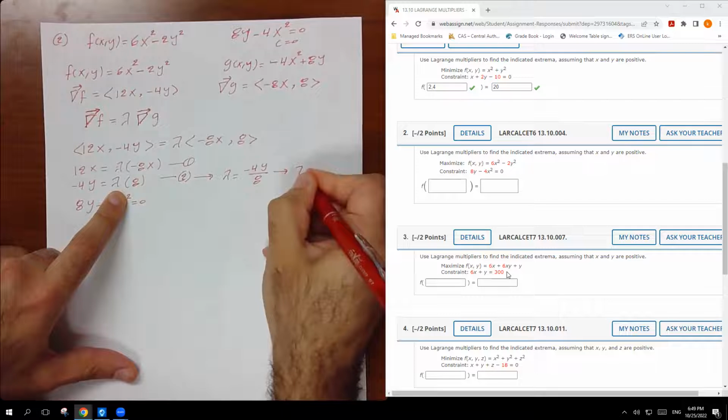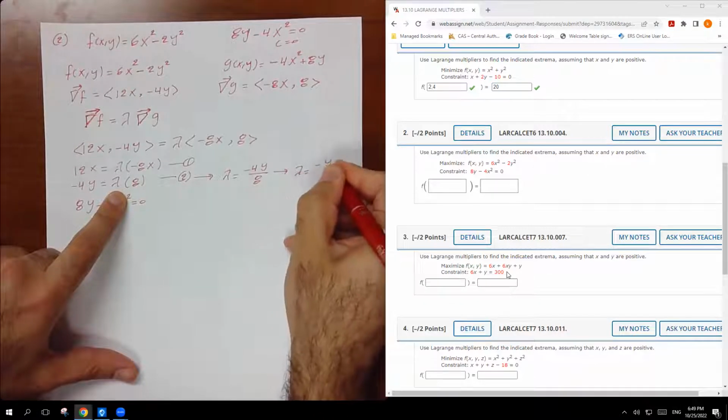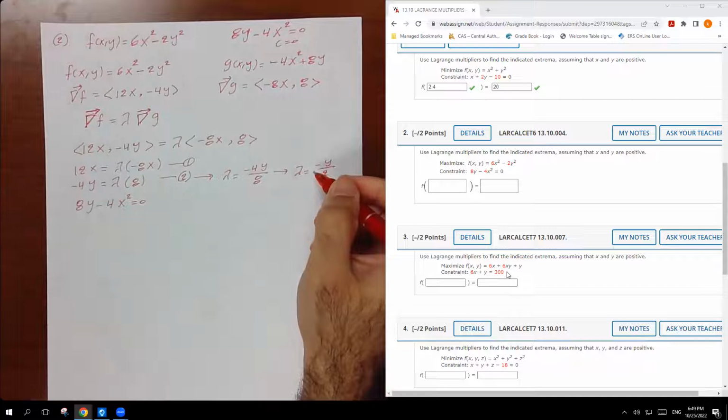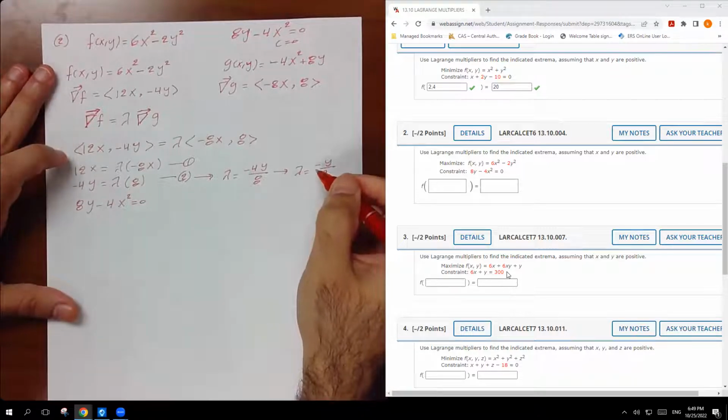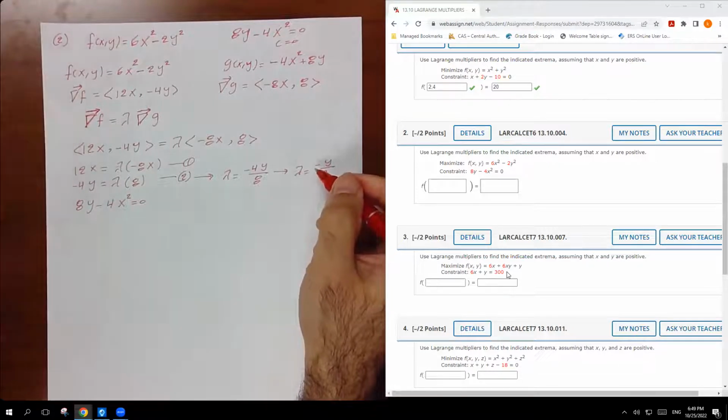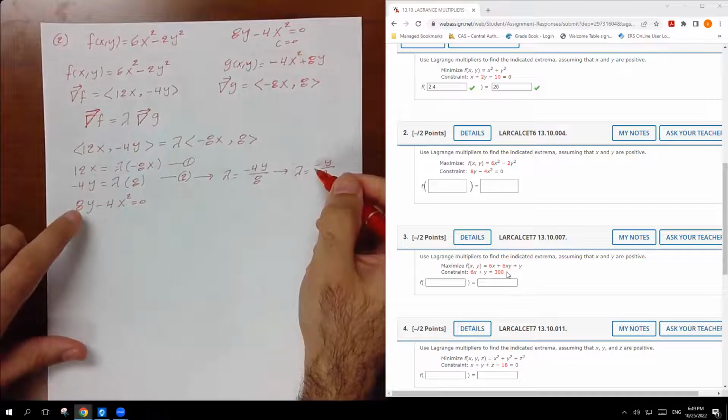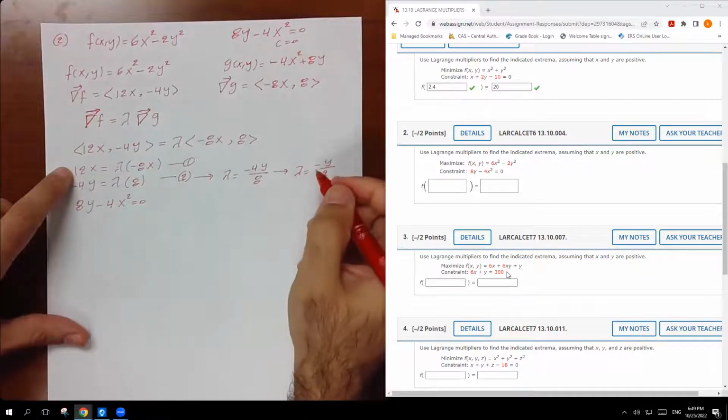Simplify it. So lambda is going to be equal to negative y over 2. So here is the value of lambda. Now I need to find x. I'm going to plug in lambda in the first equation.